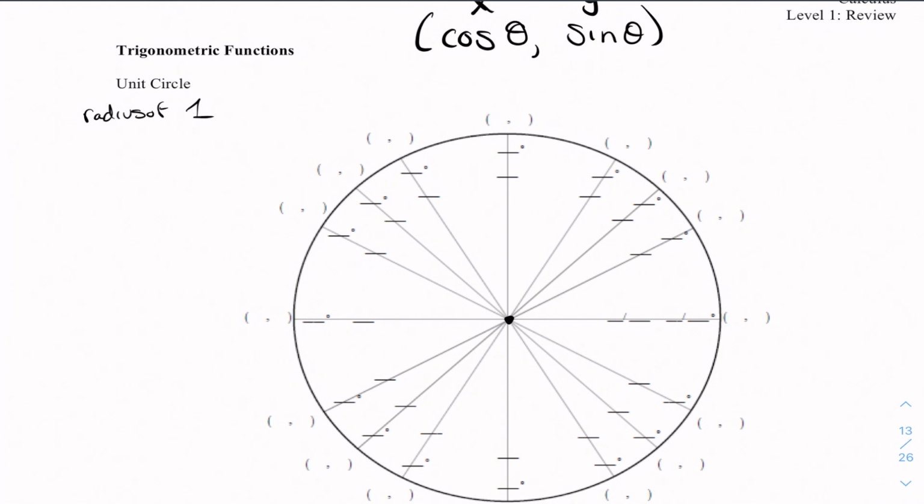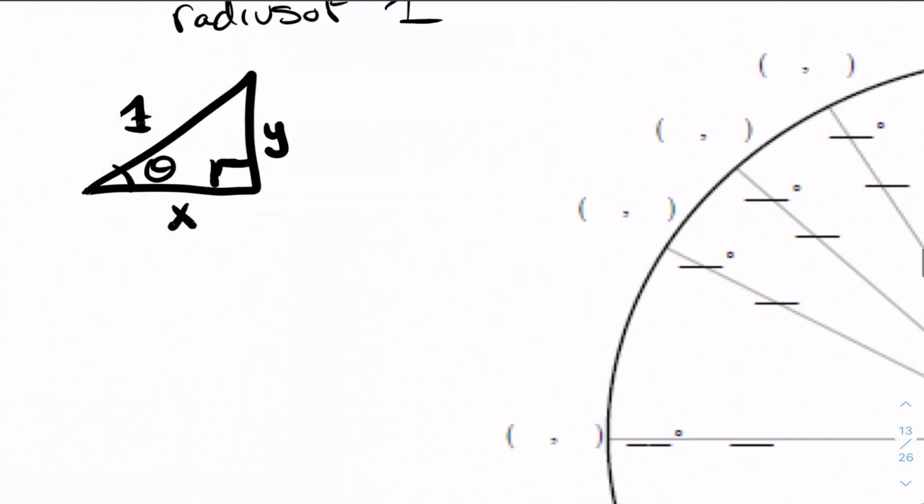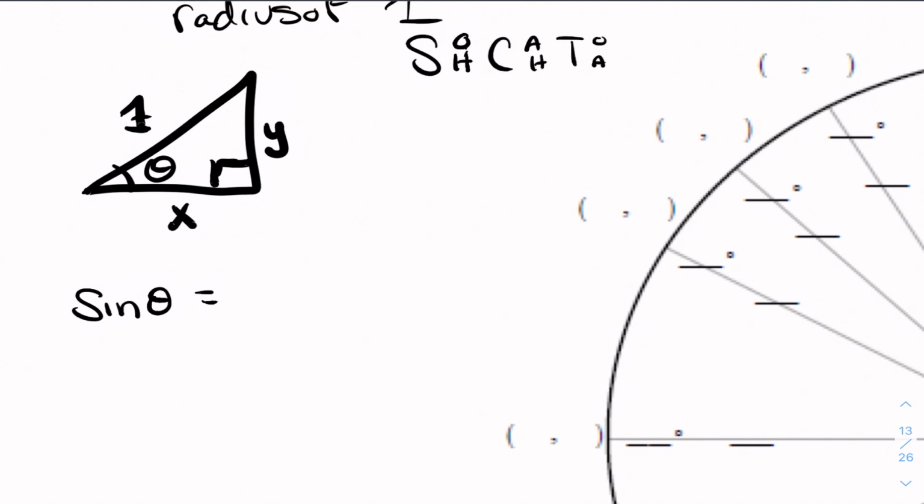And the reason why is if we drew a triangle with a radius of 1 and we were looking at this base angle, we're going to call that theta. If we looked at x and y and we were trying to relate them to the hypotenuse, sine is opposite over hypotenuse, cosine is adjacent over hypotenuse, and tangent is opposite over adjacent.